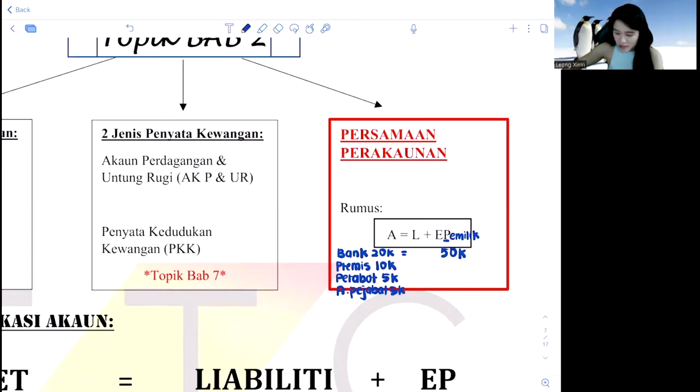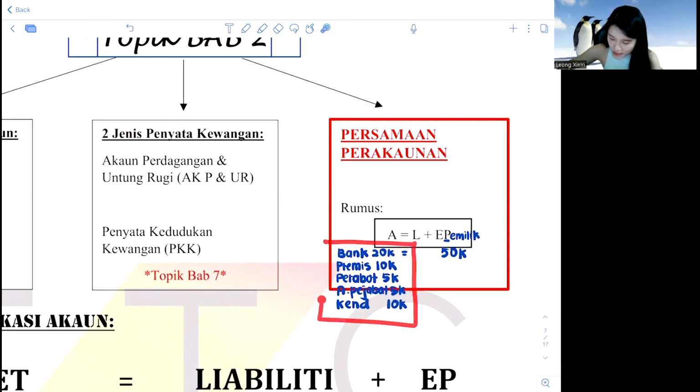If I don't have transportation, it's hard for me to deliver the stuff to my buyer. So then I spend the last 10,000 from the 50,000 on kenderaan. So in total, you see, all that I brought in is going to contribute to different types of asset. EP here is only a recording of how much I brought in, but it's not actually where I store the money.